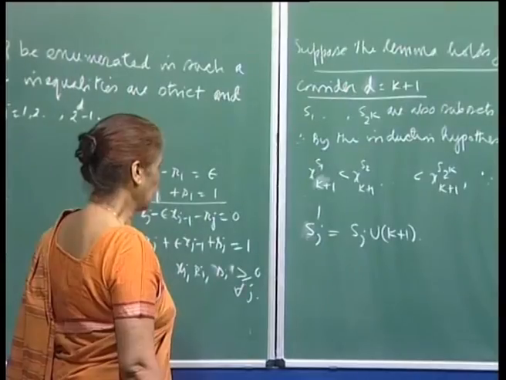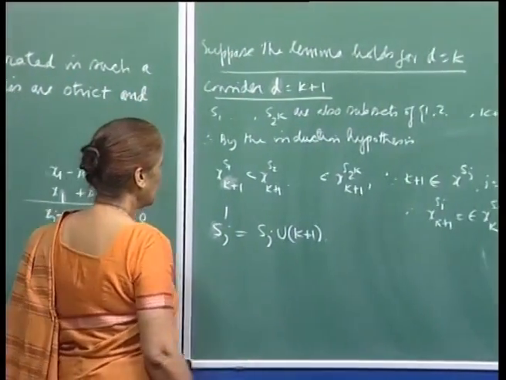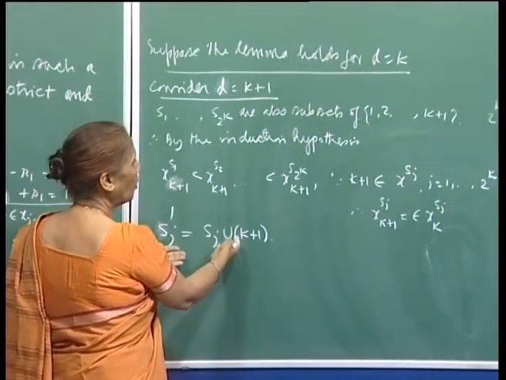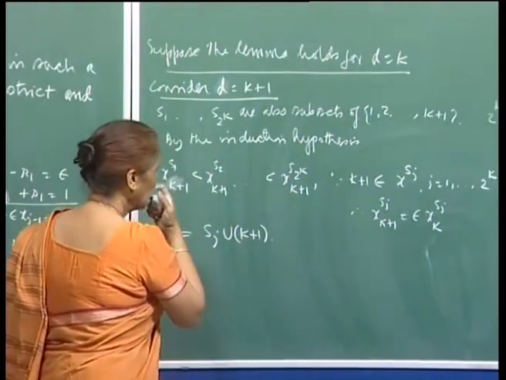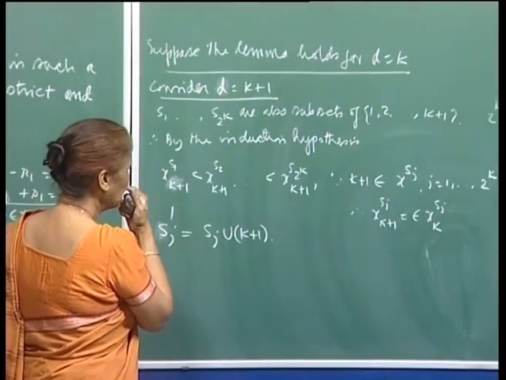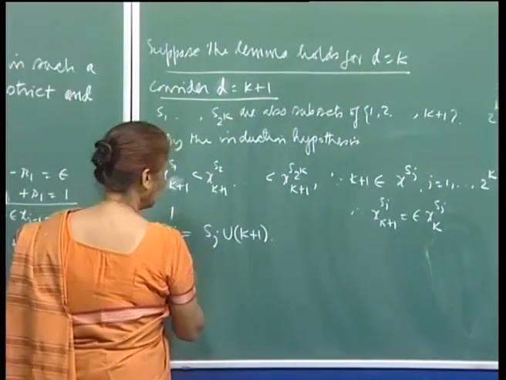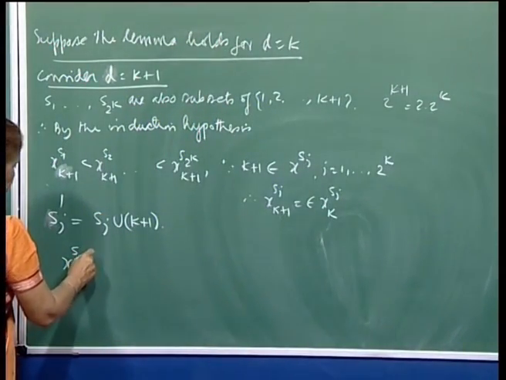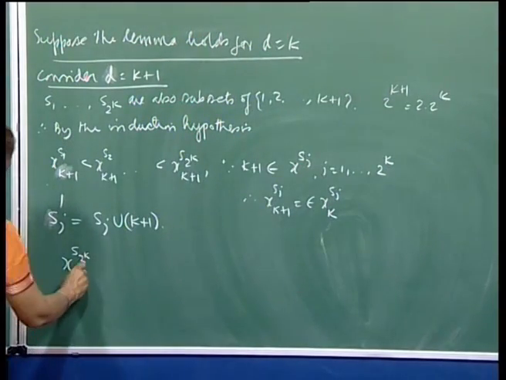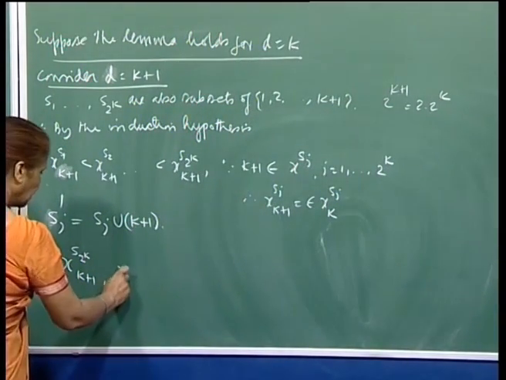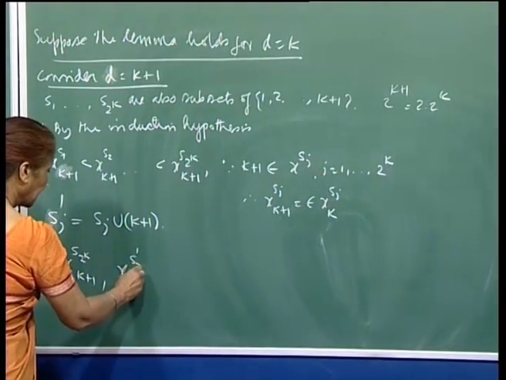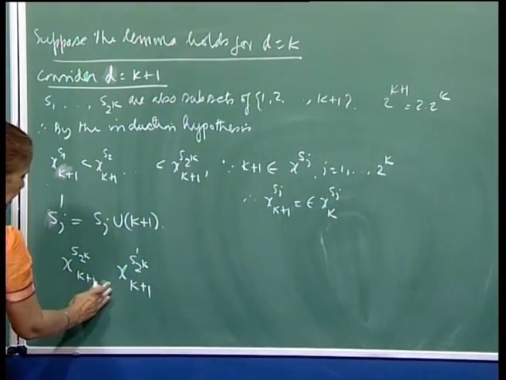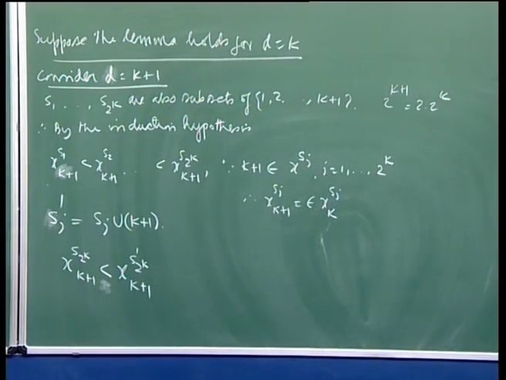And what more? Yeah. So, now here I need to order the remaining, the new 2 raised to k subsets that I have formed out of those. So, I need to order. Now, we need to see here that, yes, if you look at x s 2 raised to k plus 1, and you look at x s prime 2 raised to k plus 1, then you can see that this is less than this. Why?